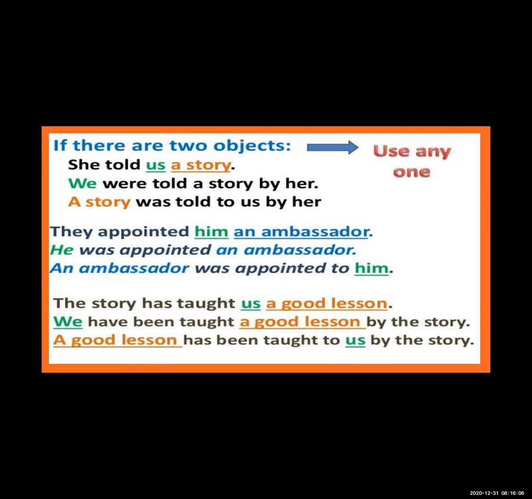They both are the answers of that question, she told us a story. They are converting into passive form. So because there are two different objects. Okay, when you see two different objects, at that time you have two different answers.